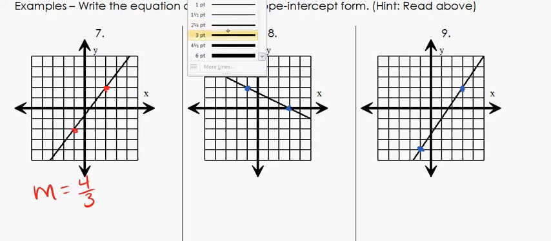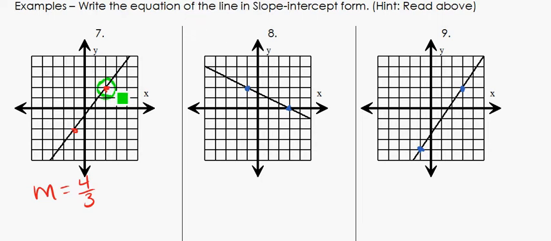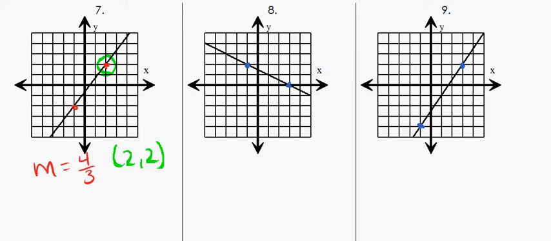In this situation, this point right here, 2, 2, is a nice point because the x and y values are the same, and if you happen to make a mistake in substituting into point-slope form, you'll never know because the values are exactly the same. So we have y minus our y value equals our slope, then x minus our x value, which again is 2.